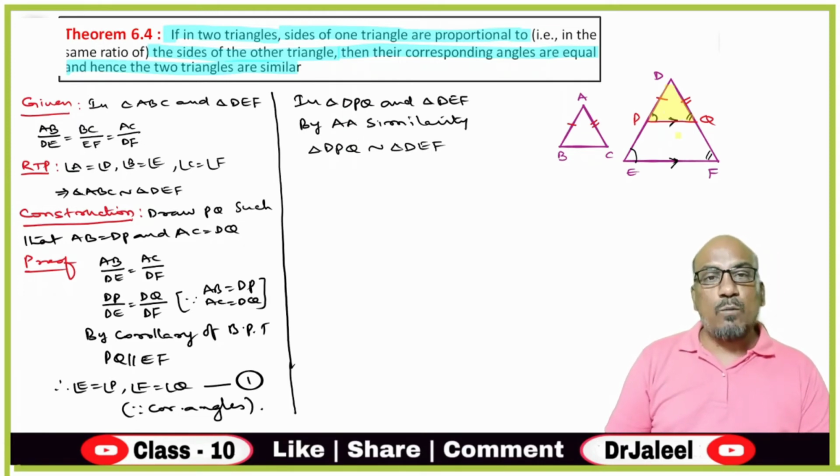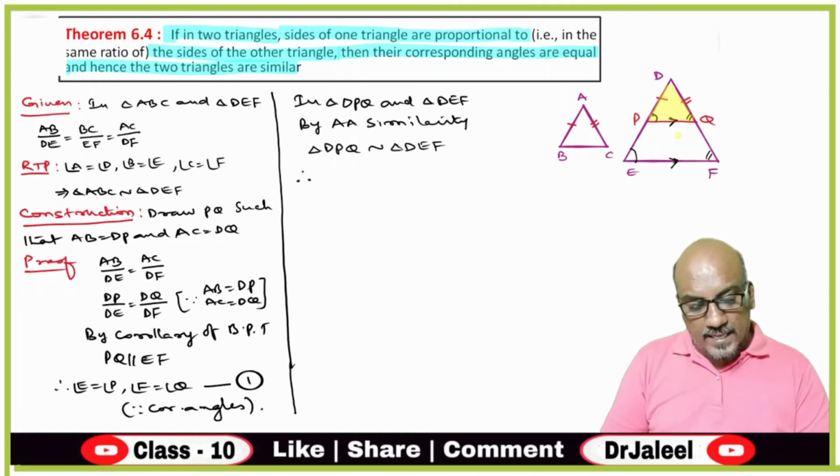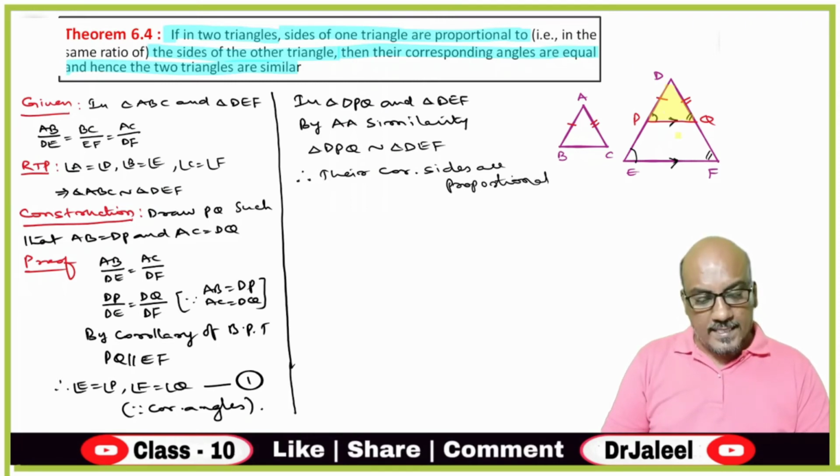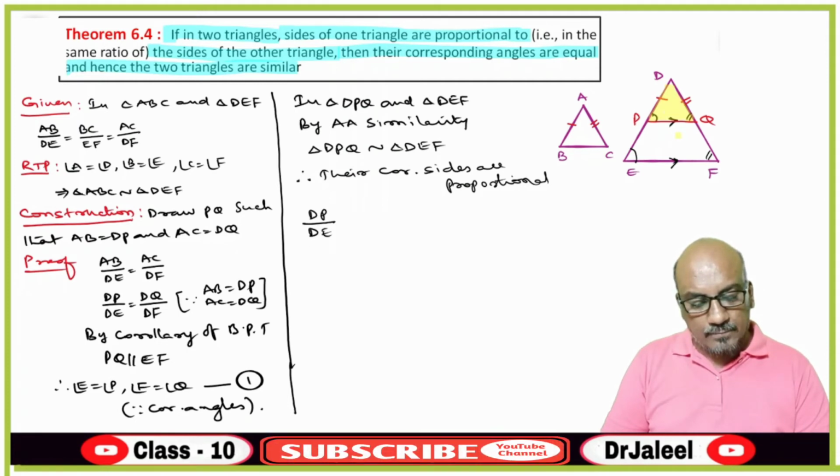If they are similar, what will happen to their corresponding sides? They will be proportional. Therefore, their corresponding sides are proportional. So let us write the corresponding sides. What are they? DP by DE.